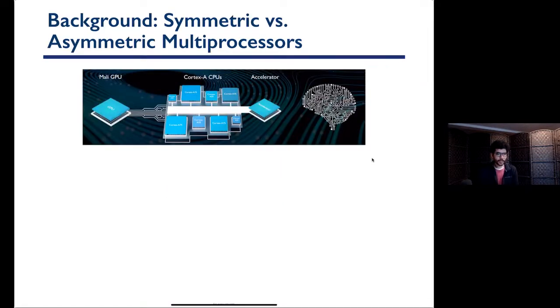So a little bit of background on multiprocessors. The first aspect of multiprocessors that make things challenging is heterogeneity. Now, you might have multiprocessors that are homogeneous in terms of CPUs. All CPUs might be the same, but you also probably end up in your career dealing with multiprocessors that are not homogeneous.